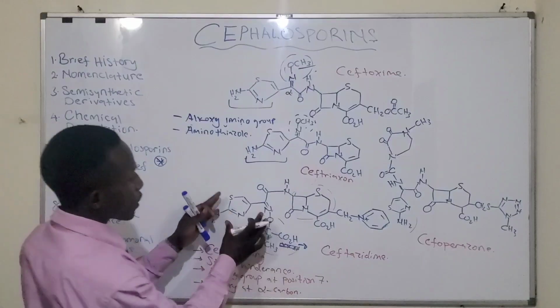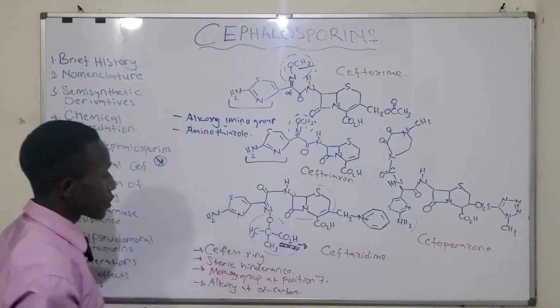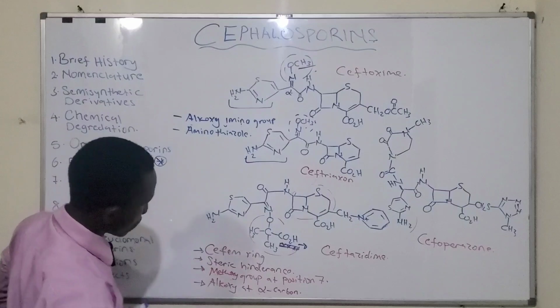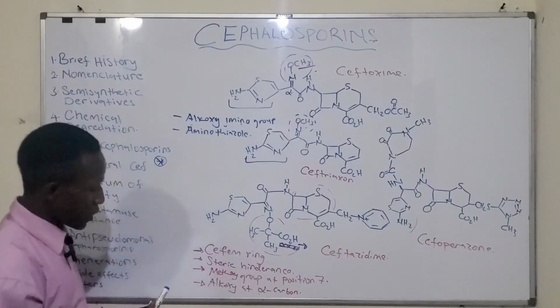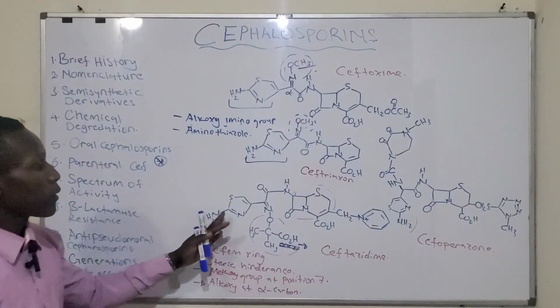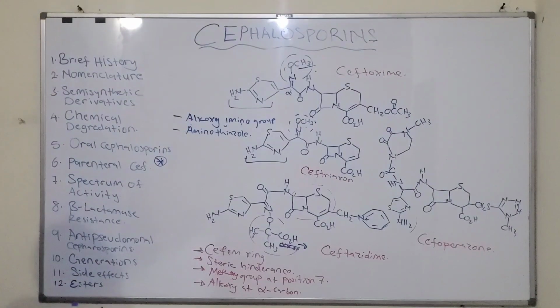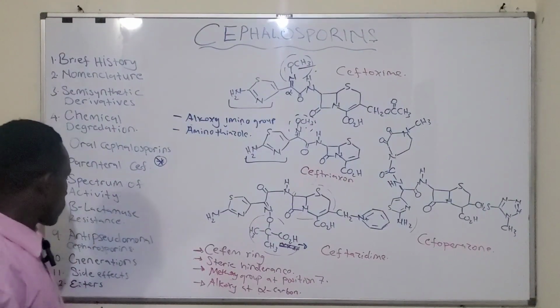Steric hindrance from all the structures, the complexity of the structure, increases the resistance to beta-lactamases. Now let's go to generations.